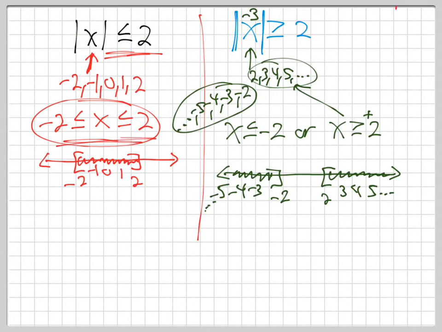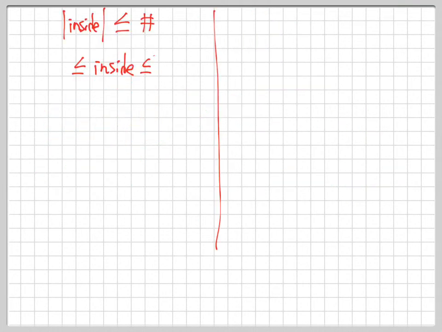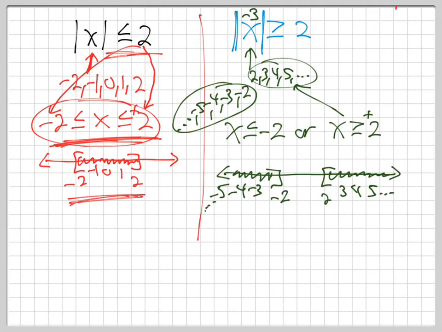Isn't that what we did here on the left side? And this number, the positive version is there, positive 2, and the negative version is there, huh? So generalizing, we'll say, put right here the positive number and put over here the negative number. Solve it, and you're going to end up having negative something, comma, positive something in the end, aren't you? Which is what we ended up with there.